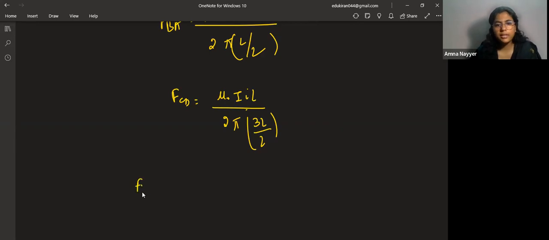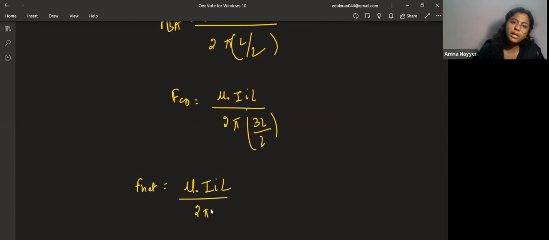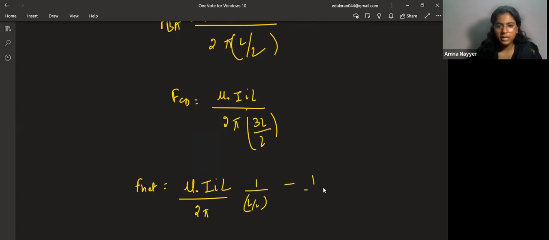Now the net force is the subtraction of both of these. Taking mu naught L common by 2 pi, capital I small I, what will be left is 1 by L by 2 minus 1 by 3L by 2.